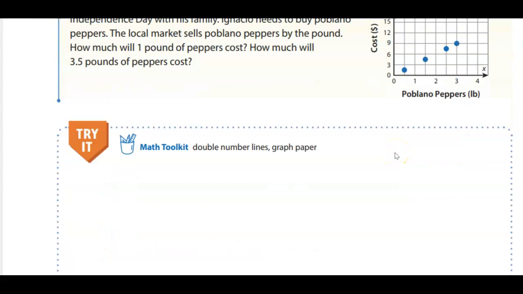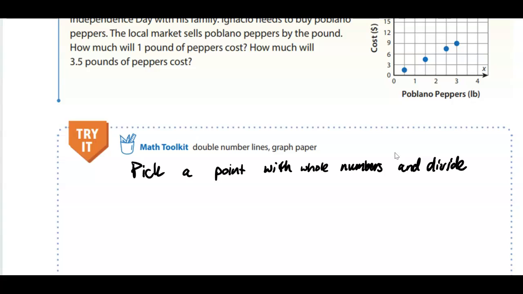So we can figure that out by picking a point with whole numbers and divide to find unit rate. So we're trying to figure out how much will a pound cost, right?